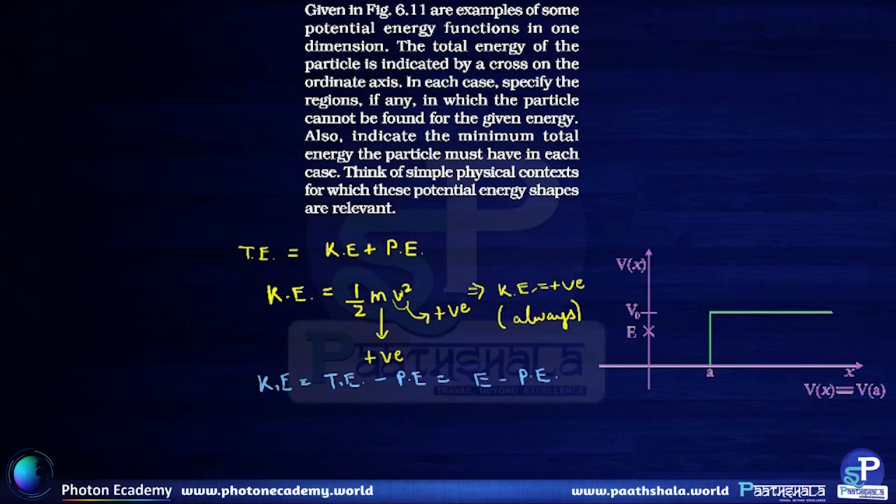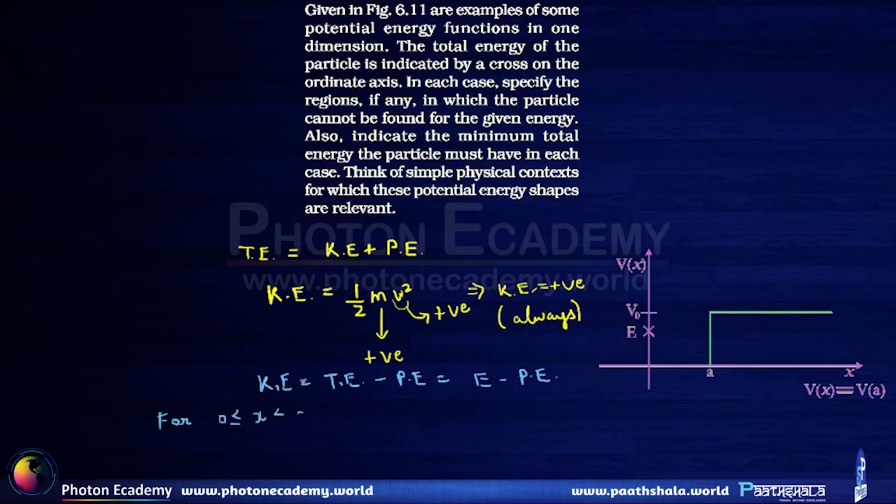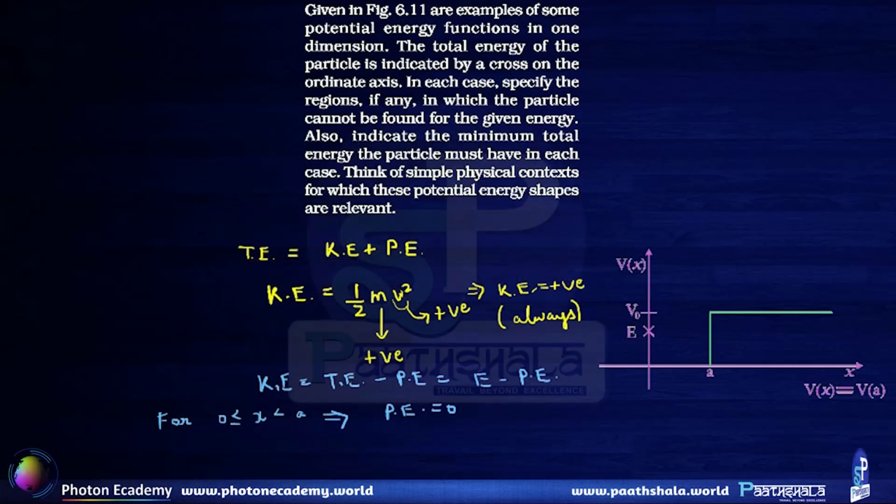So, let us see this situation. For x between 0 to a, we can see that the potential energy, that is P, is 0. Therefore, kinetic energy is positive in this region.